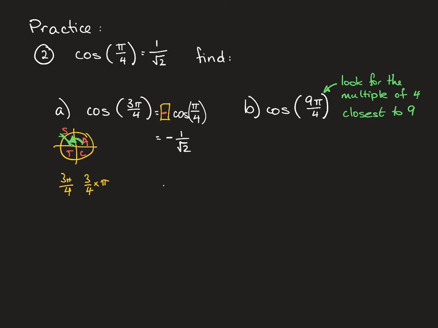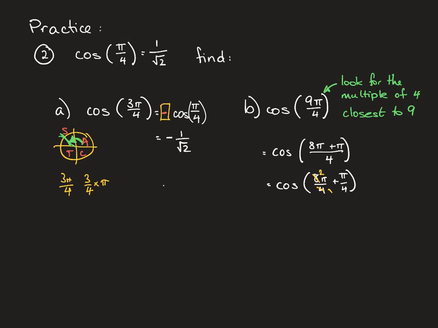So I'm going to rewrite this 9 pi on 4 as 8 pi plus pi on 4. And then we can split this into two fractions, which gives us 8 pi on 4 plus pi on 4. The 8 and the 4 will cancel, and we're left with 2 pi plus pi on 4.